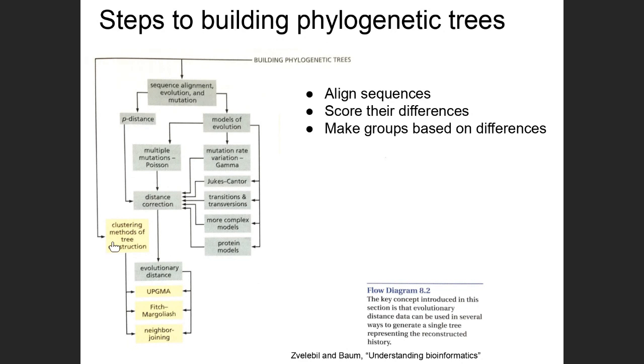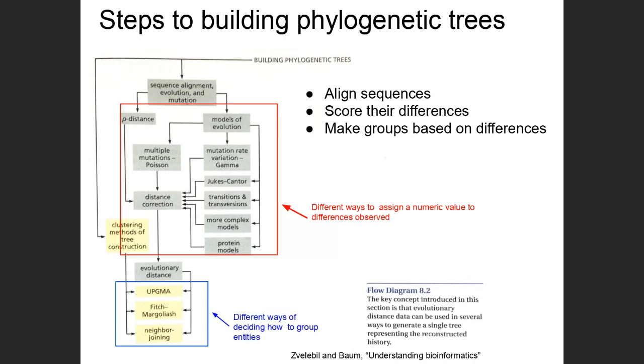And then the clustering methods. I told you that I'm going to show you examples of these three, but you're really only going to do the UPGMA. All right, so the stuff in gray is all the different ways that we can assign a numeric value for the genetic distances. And this is how we're going to group them.